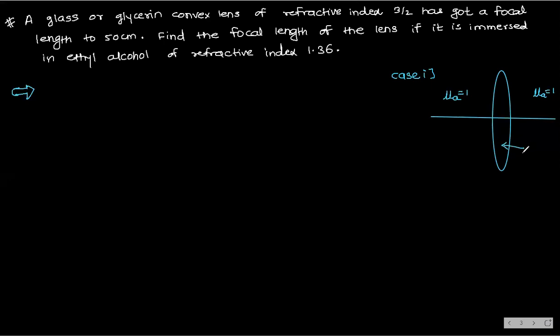I am drawing arrow like this, so mu of glass we can say, G for glass, G for glycerin also, 3/2. Okay, and then they have given focal length in this case is how much? 50 centimeter. How much they have given? 50 centimeter.